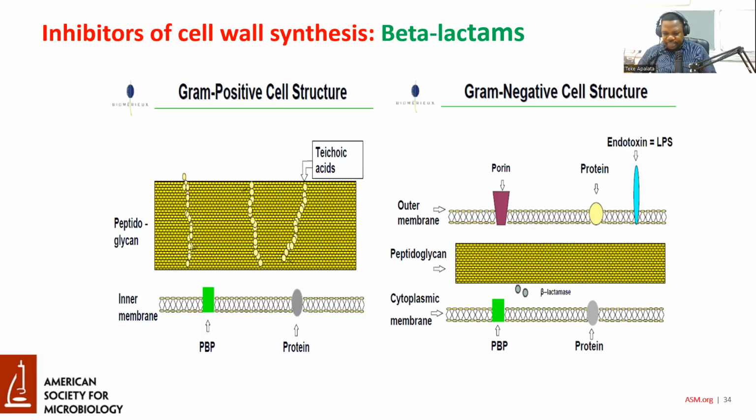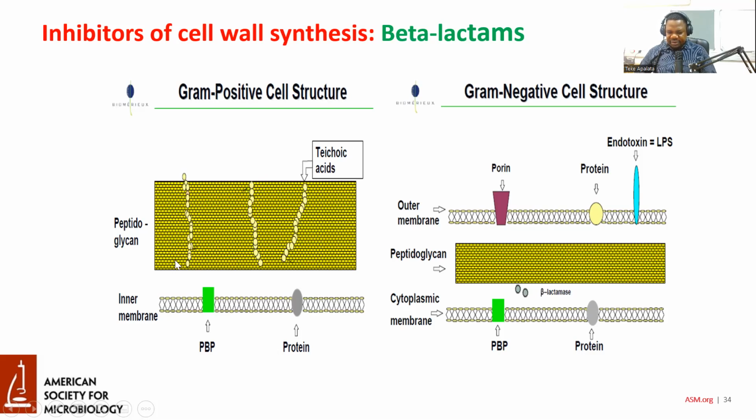The gram-positive cell structure has a huge, very thick layer of peptidoglycan, made with teichoic acid.